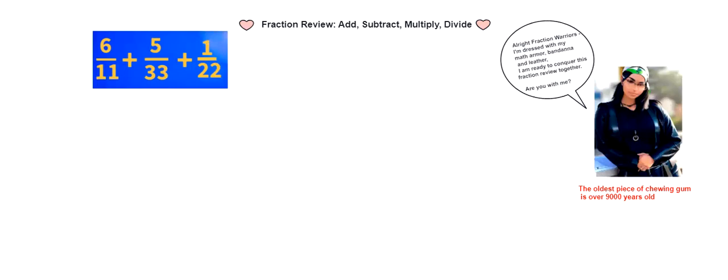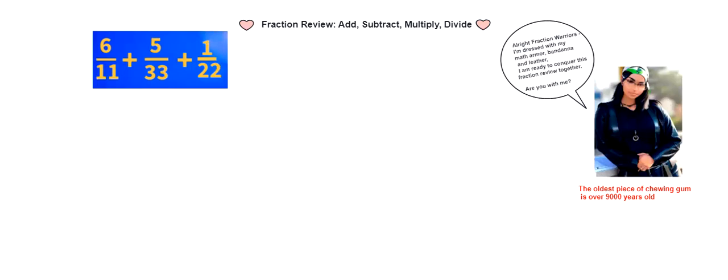All right. Let's take a look at our first problem. What do I like to do every time? Read the problem, right? So let's read the problem. 6 over 11 plus 5 over 33 plus 1 over 22. Ooh.